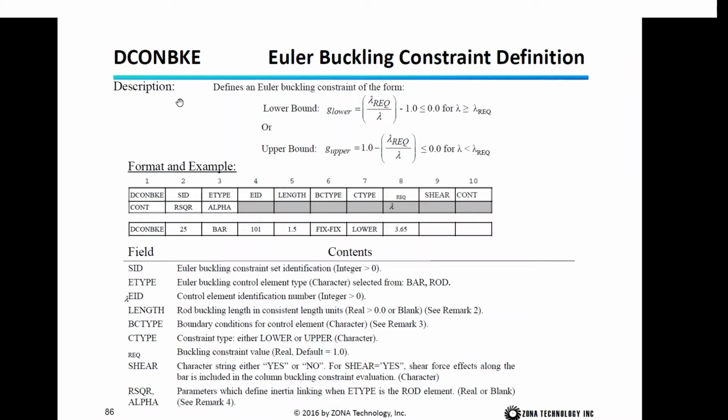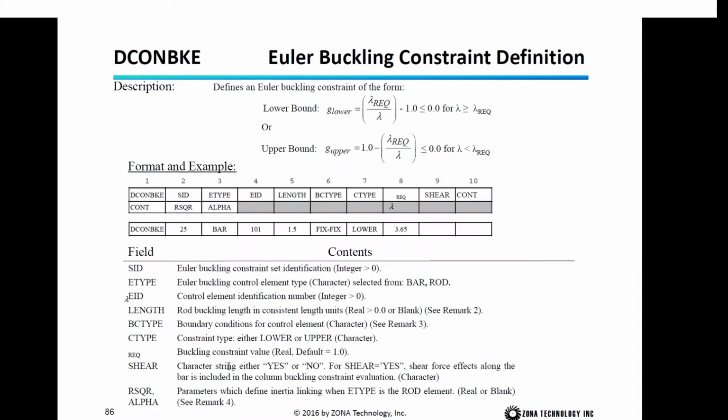DCONBKE is to define an order buckling constraint or column buckling constraint. Again, this is the buckling constraint ID. E type is either bar or rod, then the element ID and the length of the bar or rod. BC type is the boundary condition, and C type is either lower or upper buckling constraint value.